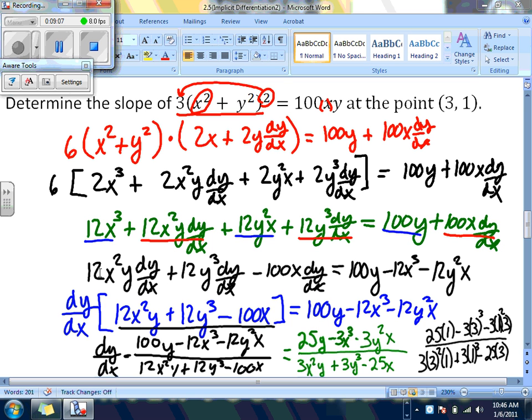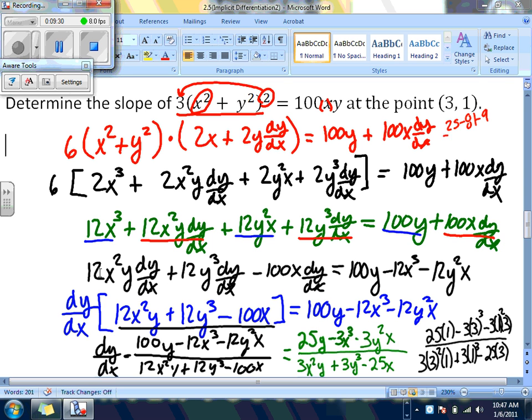And when we figure that out, looks like I'll have 25 minus 3 cubed, which is 27, times 3 is 81. Minus 9, since 3 times 1 squared, which is 1, times 3 is 9.